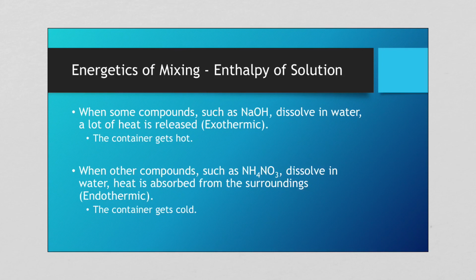And that's because some of them, like we saw with KF, but even some to a greater degree, like ammonium nitrate, are actually endothermic. So they have something similar to what we just saw, where you don't recover enough energy, but they still dissolve because of the entropy. And oftentimes we might feel those containers get cold.